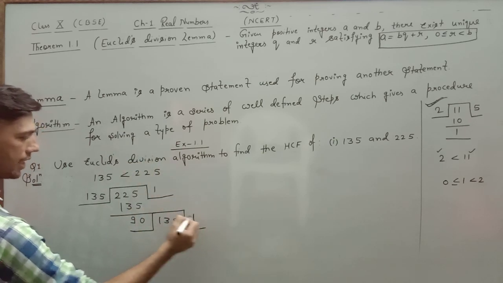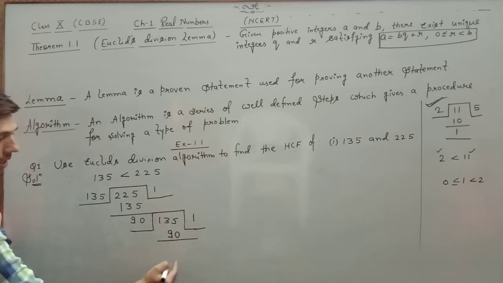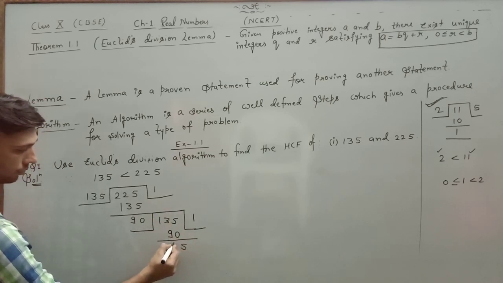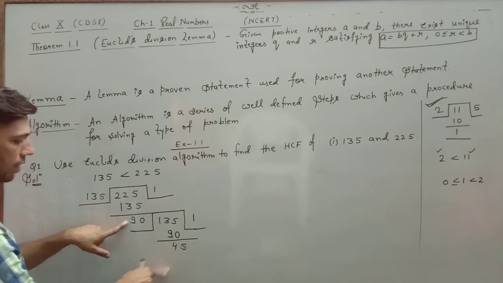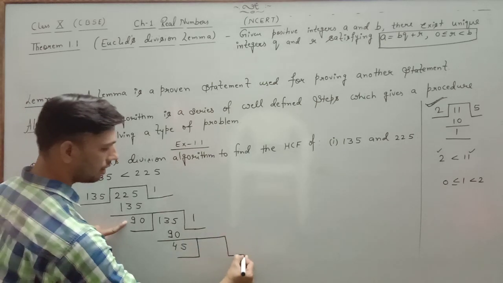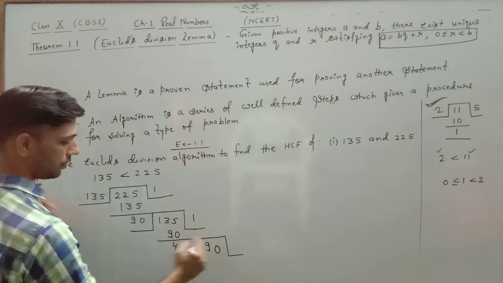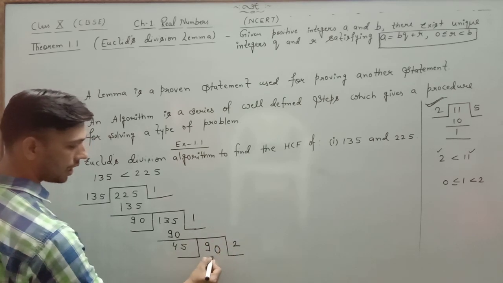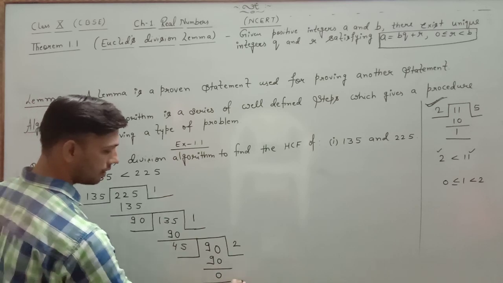Now 1 time 90 is 90, remainder 45. Now see, 45 is again less than 90. It means suppose 45 as the divisor and 90 as the dividend. 45 times 2 is 90, remainder 0.